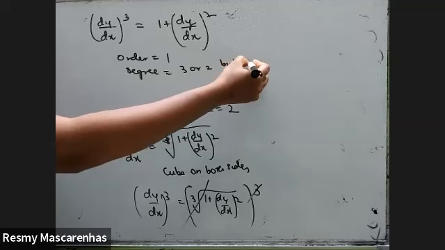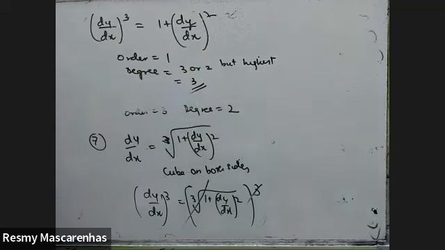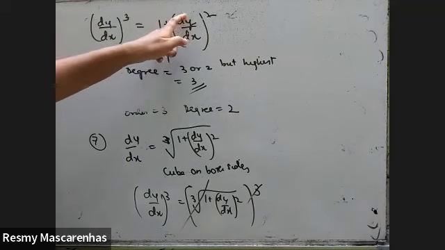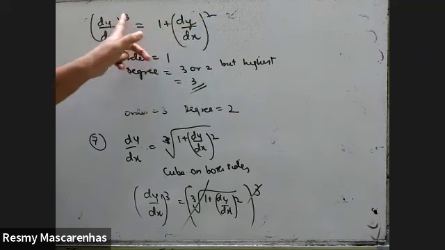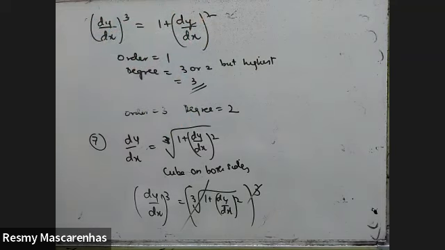Degree can be 3 or 2, but highest you have to consider now. Because order is same for both. If this was square, then straight away you have to write 2. But now both are same. So among these two, 3 is higher.